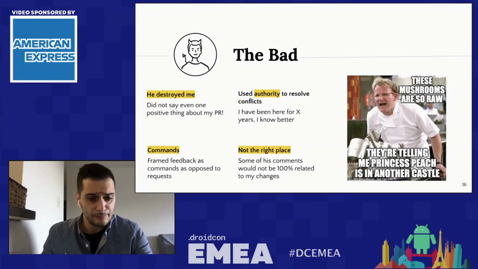And he did a lot of things wrong. He used authority to resolve conflicts. He would frame feedback as commands. He would say, change this, this is wrong, do this or do that. So on occasions, it really felt like working for Gordon Ramsay.